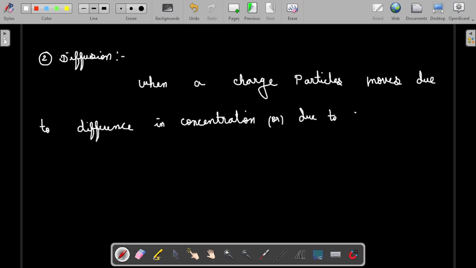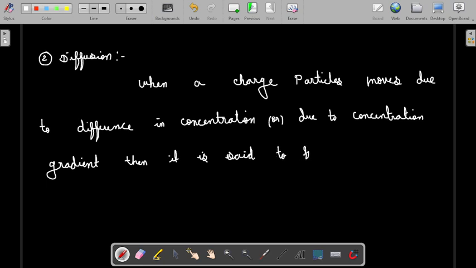Gradient means some change is happening there, that may be negative or positive. The slope of the difference may be different, that is not an area of interest, but there is some concentration gradient present there. Then it is said to be diffusing.